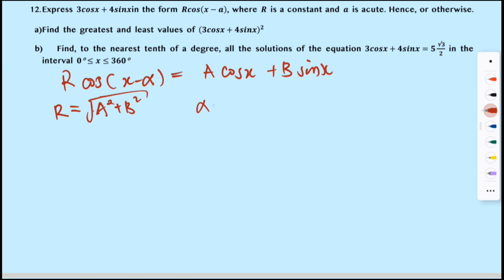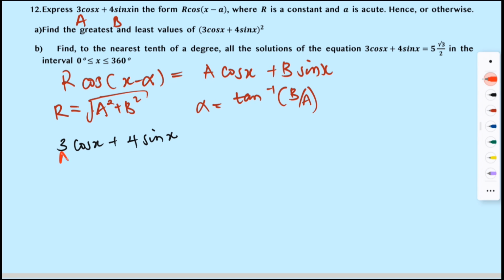And then alpha is going to be the tan inverse of b over a. Looking at our question, we can see that a is this and b is this. So I'm just going to rewrite that equation just so that we can have it closer to us. 3 cos x plus 4 sin x. Okay, this is a, this is b.